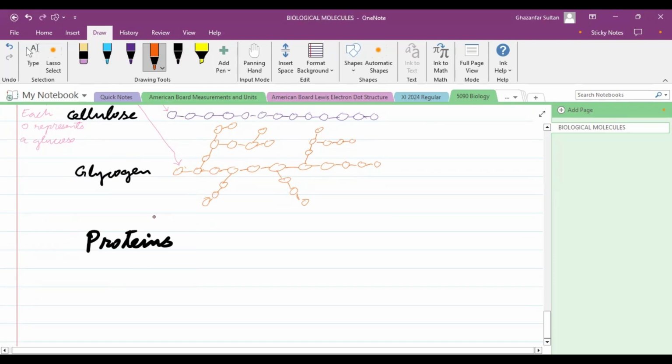It is not necessary that all 20 types are present in a single protein. There might be 9 types, sometimes 12 types, sometimes 17 types of amino acids. So it is not essential that all the amino acids are present in all the proteins. Some amino acids are in some proteins and some are in other proteins.